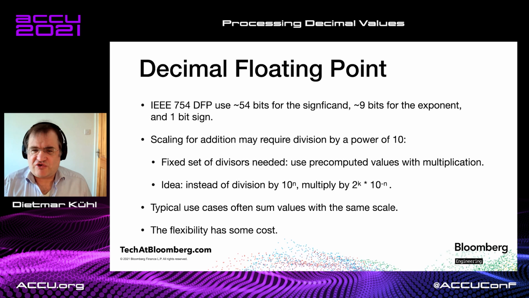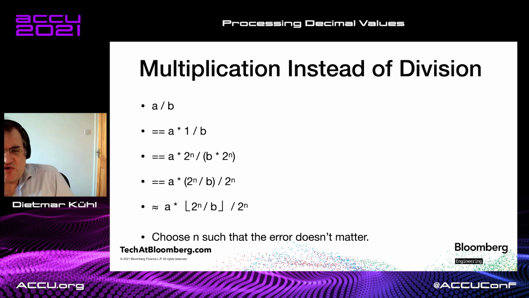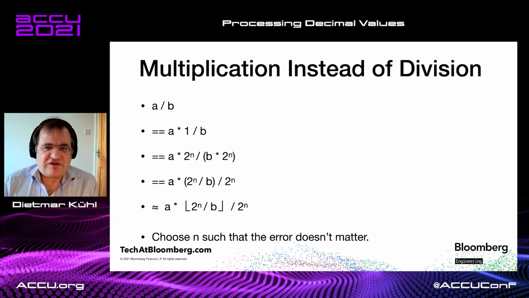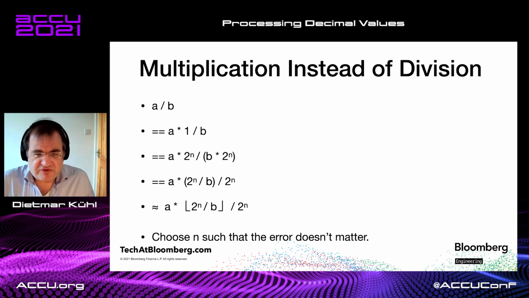So it's actually an interesting idea: if you need to rescale these things, you can actually replace a division by a multiplication of integers. This seems odd, but let me quickly go over the basic math of that. Nothing is super surprising over here. If you have a division A divided by B, we could obviously write that as A times 1 divided by B. This is just rewriting things.